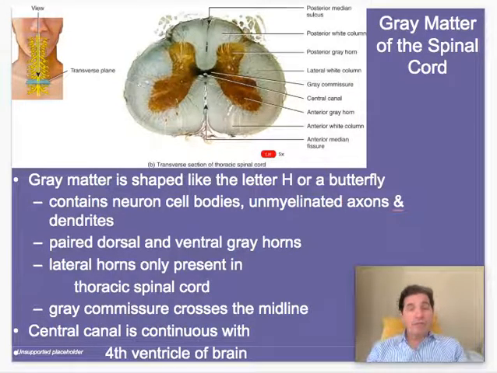And you'll notice that there is also a gray commissure that crosses the midline. So I want you to notice that, okay? These are structures that are very interesting to know about as far as the spinal cord.